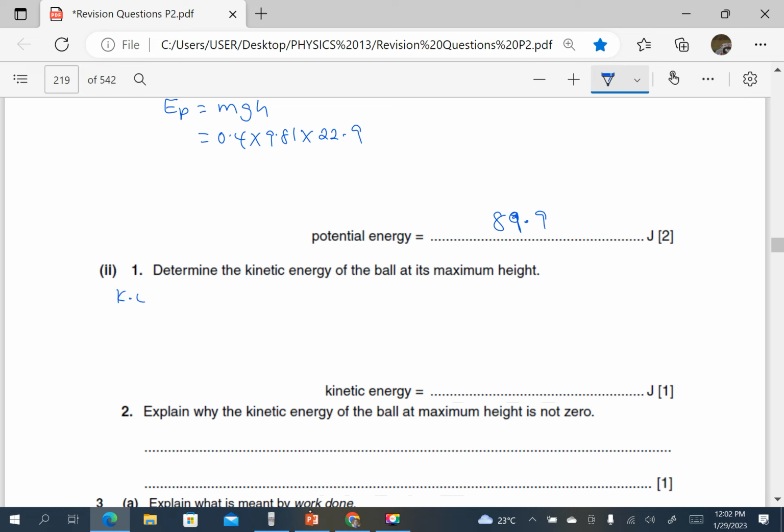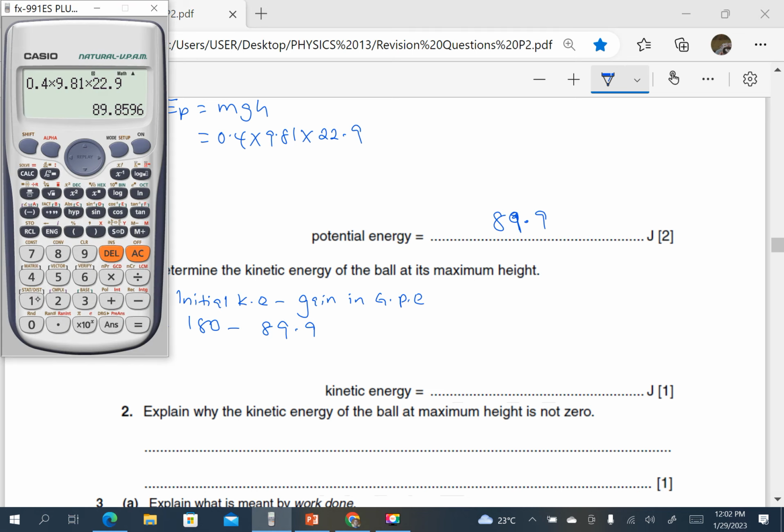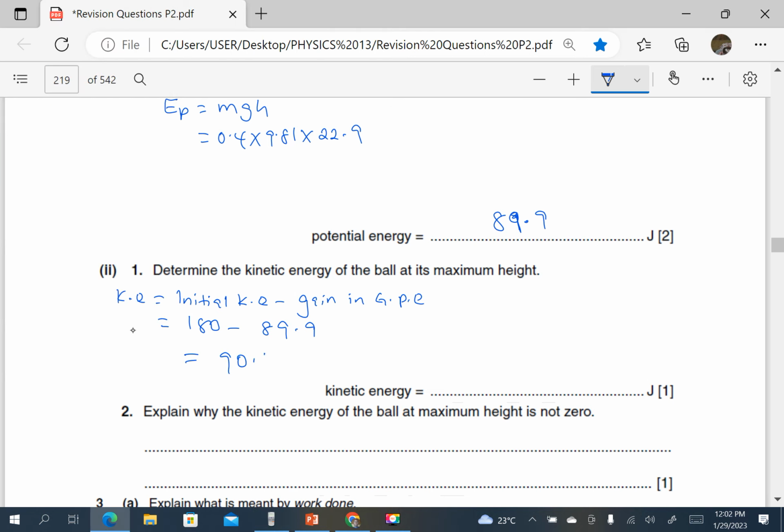So kinetic energy at that height is equal to the initial kinetic energy minus the gain in gravitational potential energy. So this will be 180 minus 89.9, that is 90.1, or approximately 90 joules.